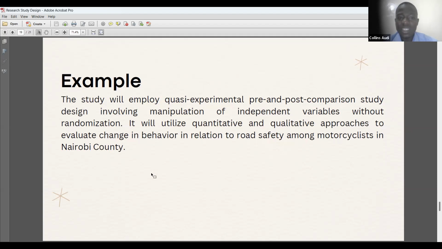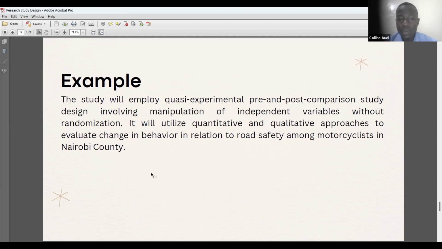I know the terms might be quite difficult to understand, but basically it's a design under the experimental approach. But we won't go into details of different types of experiments.